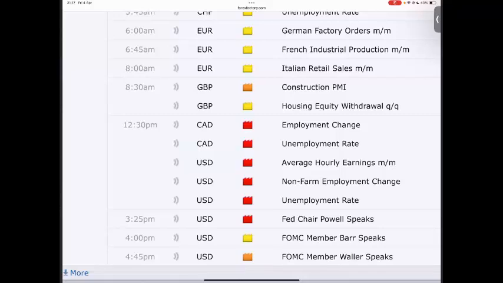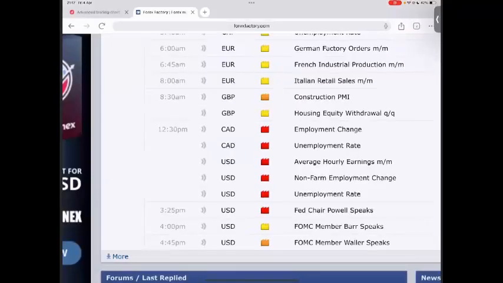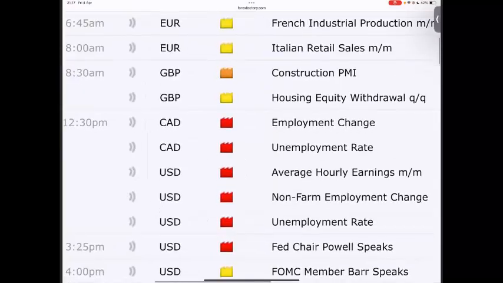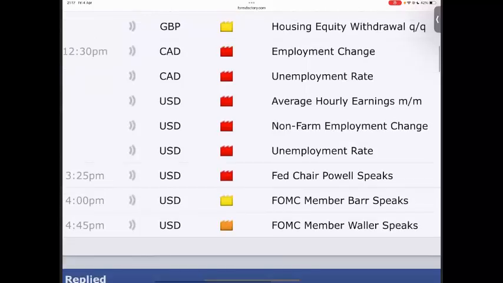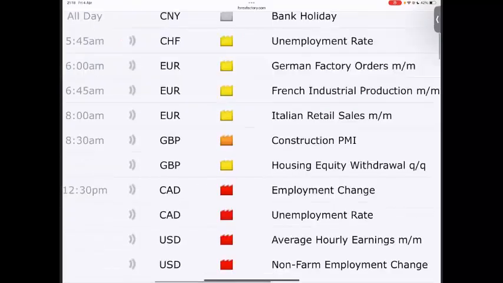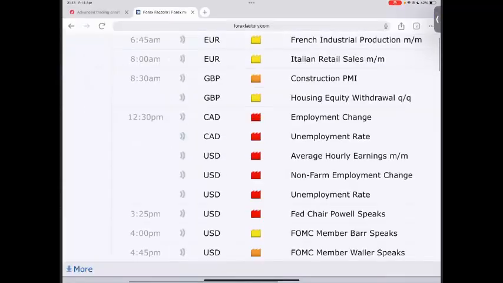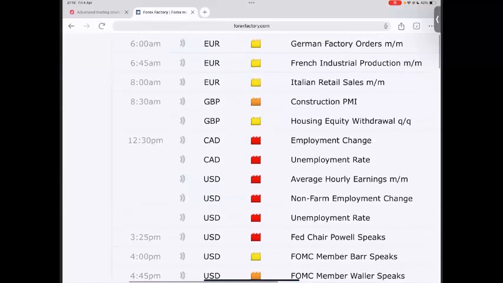So you can see here, the ones that have high impact, like I told you, are the ones that are in red. The medium impact is, I think, the orange, while yellow are the ones with low impact, right? So which means that today we had high impact news that affected CAD, CAD showing red by 12:30.